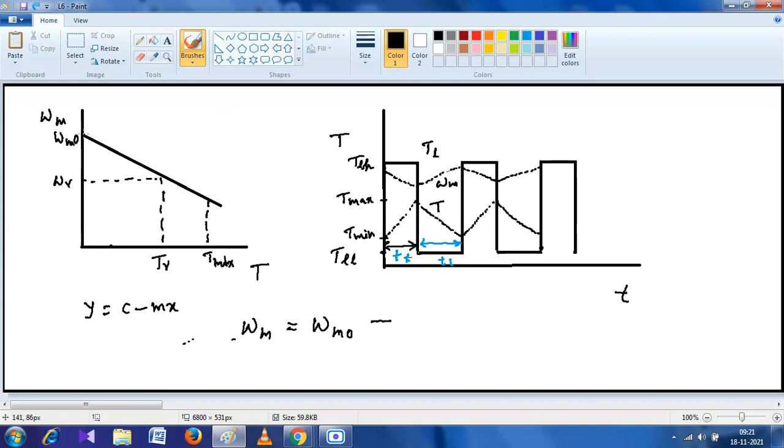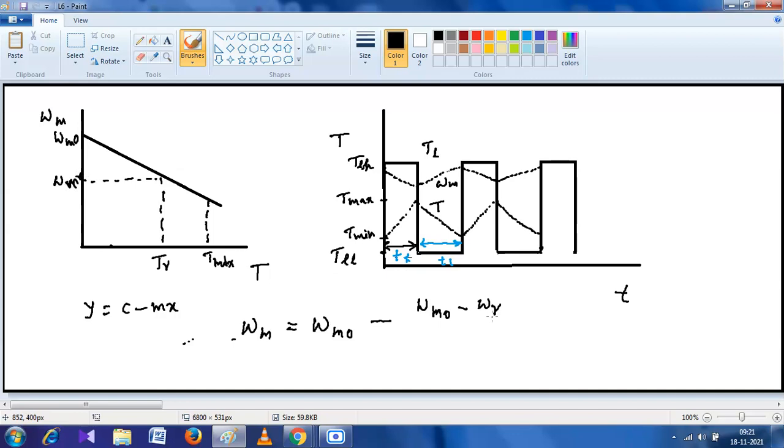The initial value is omega m0, then we intersect a point where the values are omega r and Tr. So the slope should be omega m0 minus omega r.